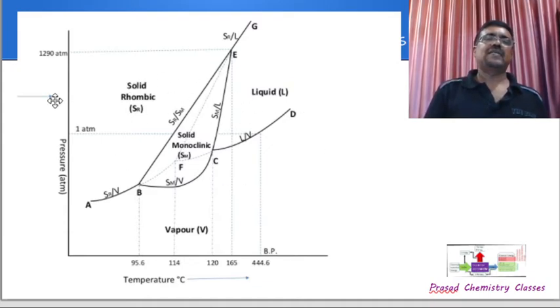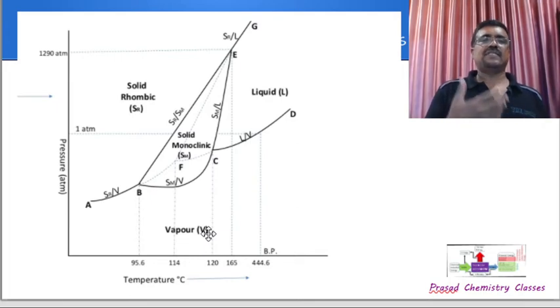And we have this rhombic-liquid equilibrium along EF, and that is metastable. Along CF we have again liquid-gaseous metastable equilibrium. Along BF we have metastable equilibrium of rhombic and vapor. Right?